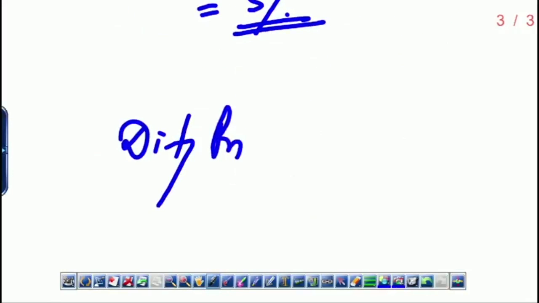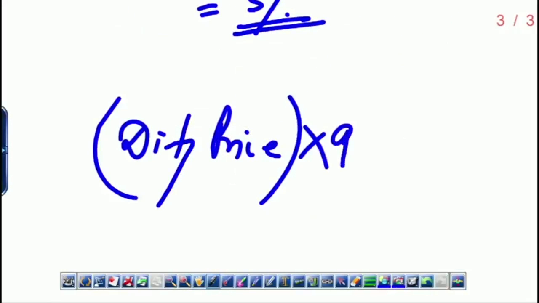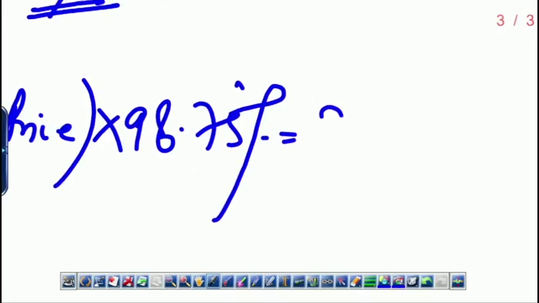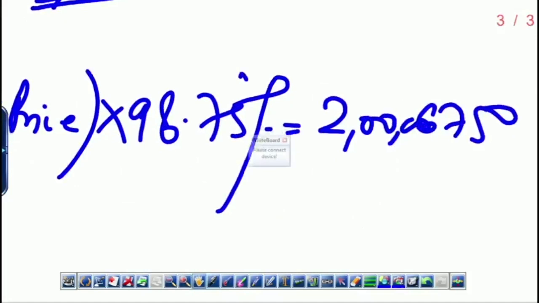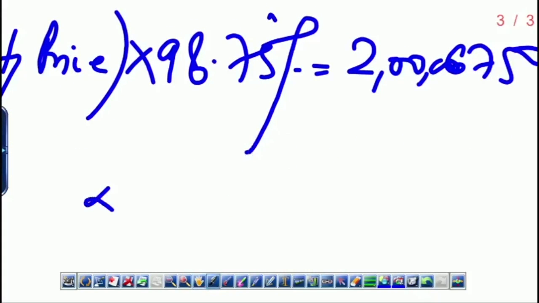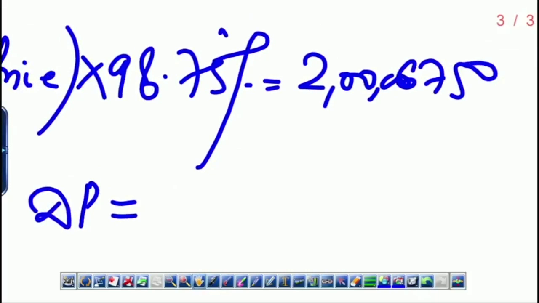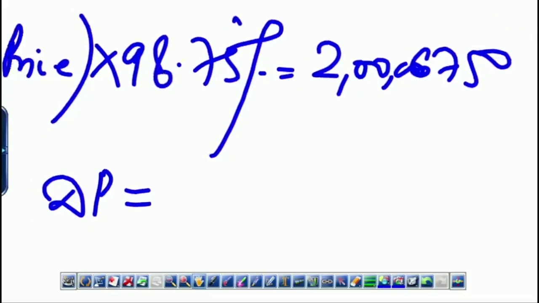Dirty price into 98.75% is the 2 crore 6,750. So 2,00,06,750 divided by 0.9875 is 2,02,60,000.